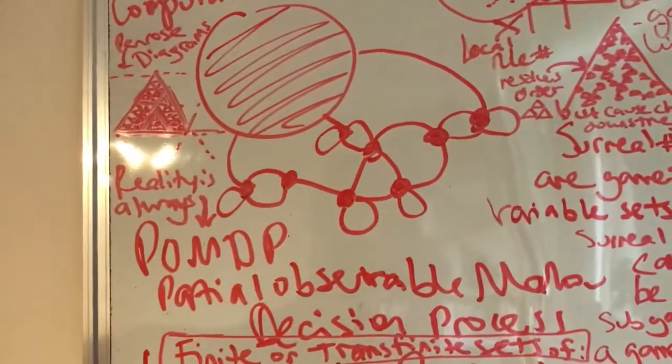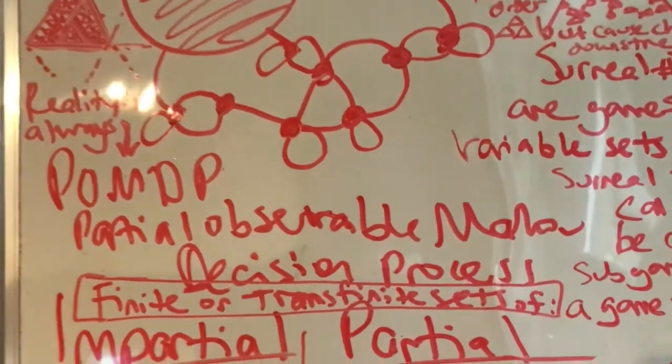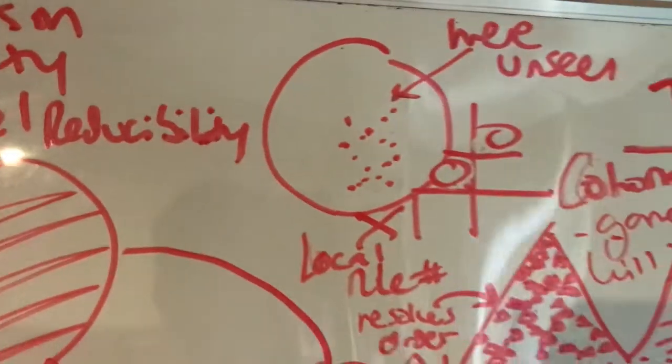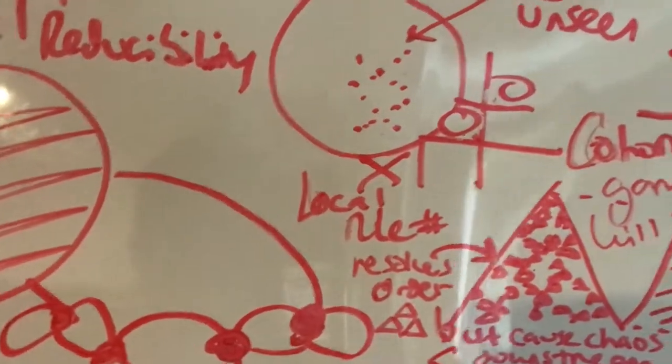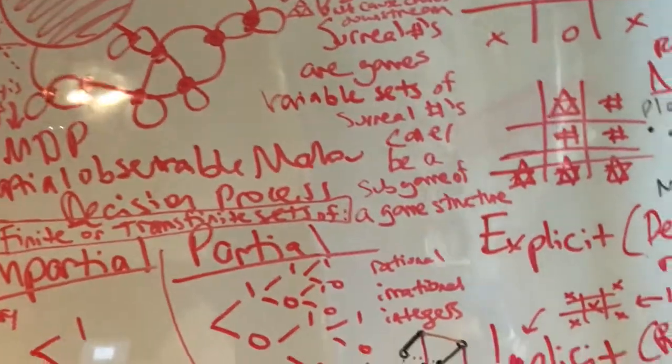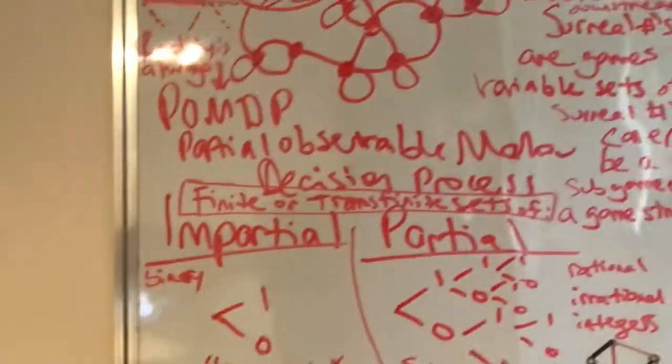You can't see the whole world at the same time, so you can't be playing the full game at the same time. It's like a game of tic-tac-toe where you just can't see a corner. Maybe X put two X's there and you didn't see them, and that's why X beat you. So in nature, we're constantly playing partially observable Markov decision processes.